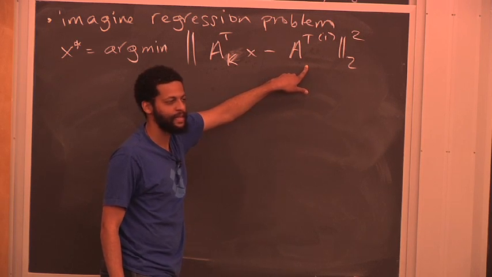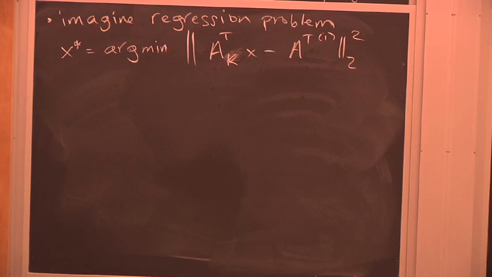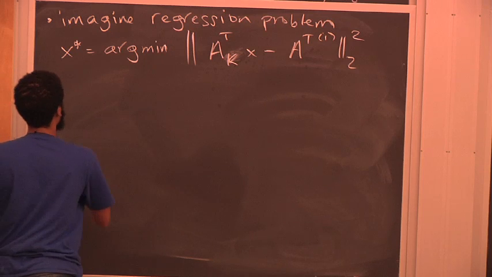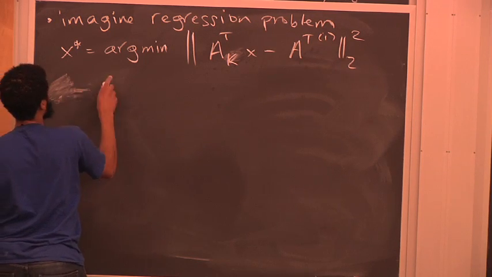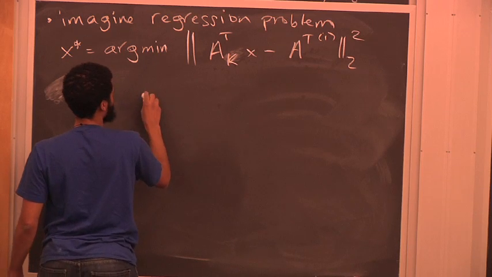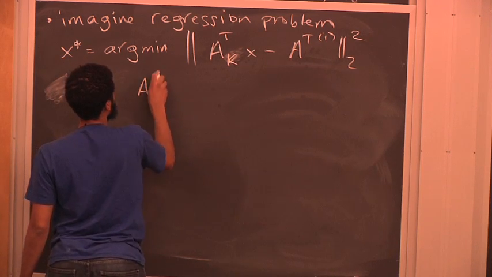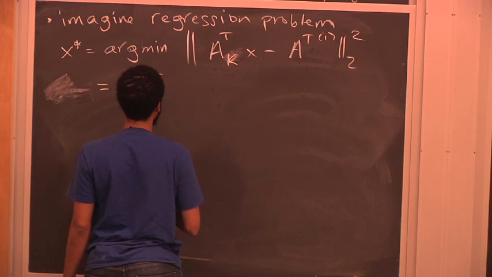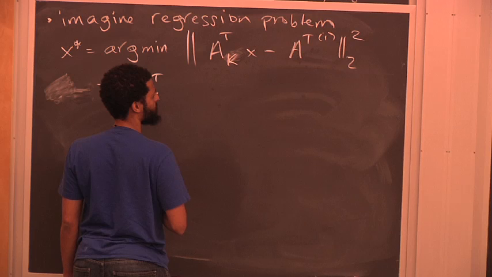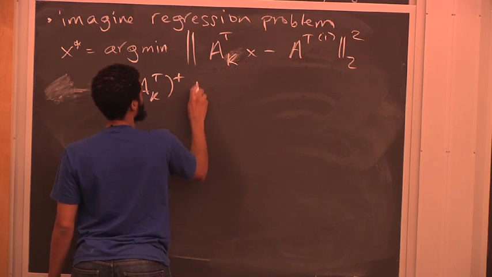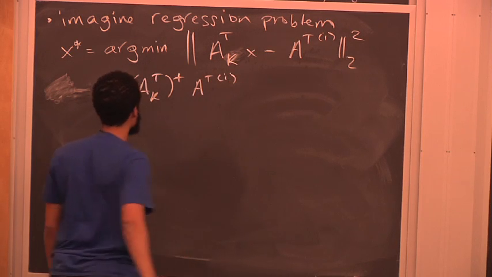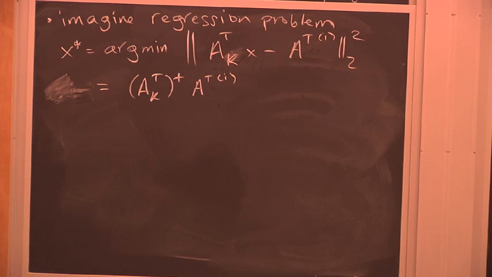And the projection of this matrix onto that one is exactly AK. But if you're doing sketch and solve like we're doing, or regression method 3, then X star is actually AK transpose pseudo inverse A transpose i. That's the actual optimal thing to do.